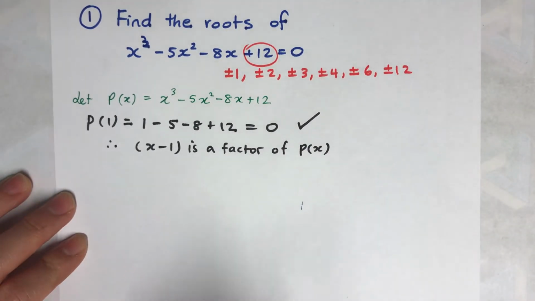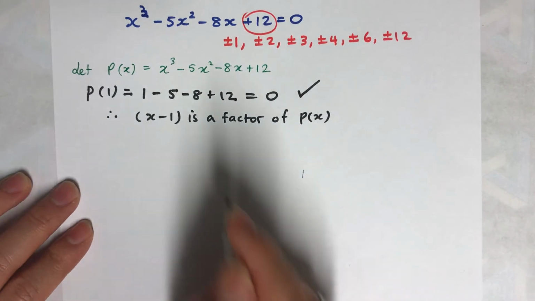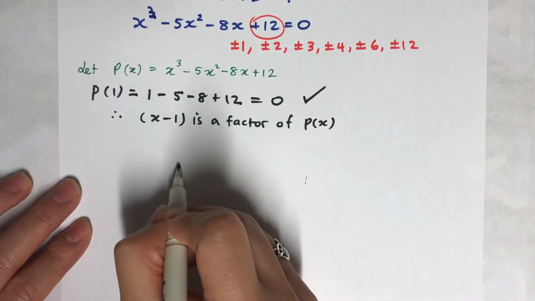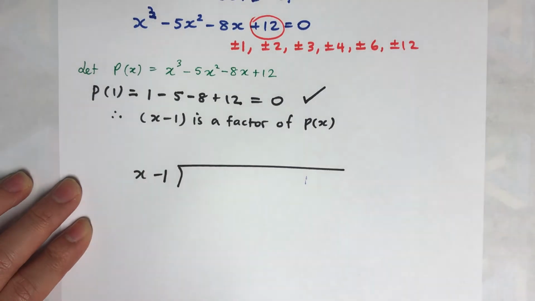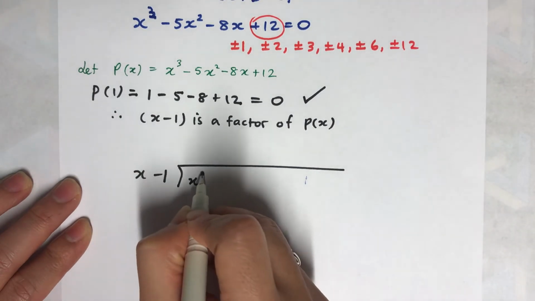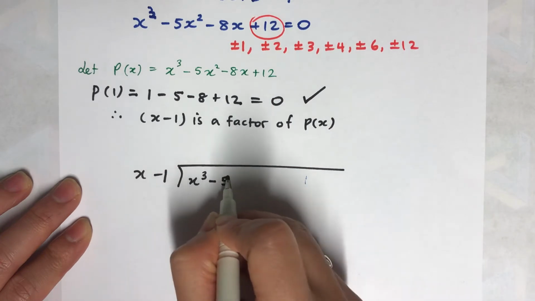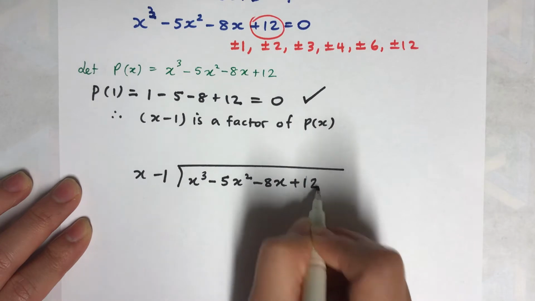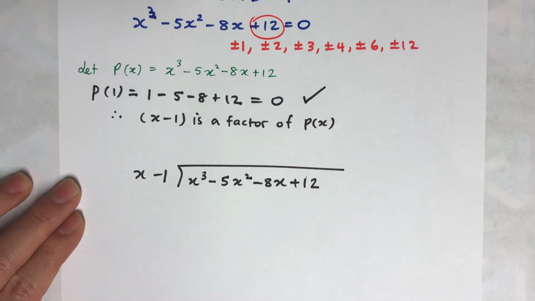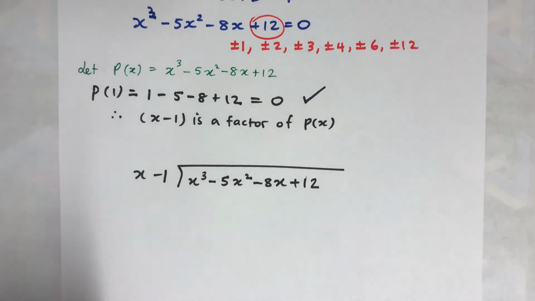So now we are ready to do the long division here. I'm going to go x minus 1, because that's my divisor there. That's my dividend. So let's have a look at this.